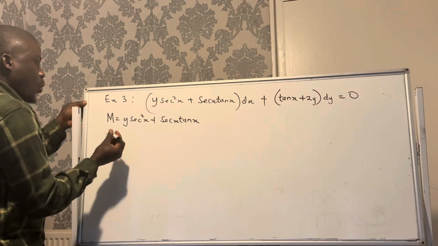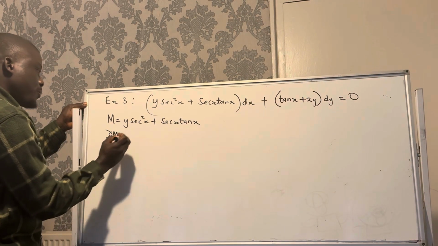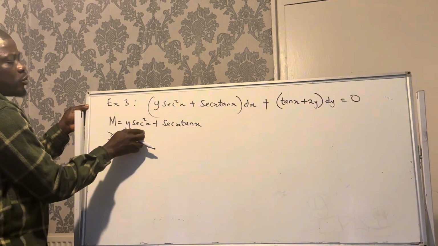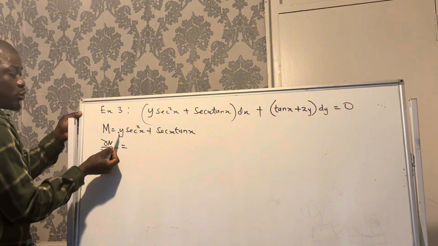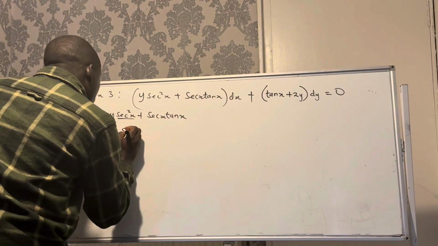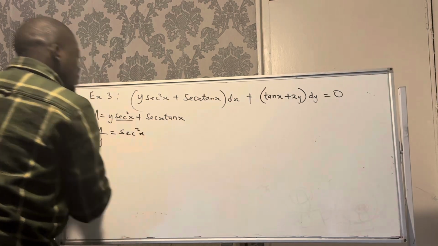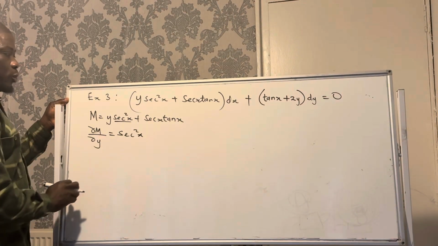With respect to y. So partial m with respect to y. Now this is y here. So if you differentiate y, you have 1. So we are left with sec square s. This one does not contain any variable y, so it's of no use.